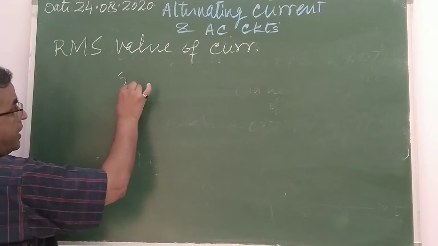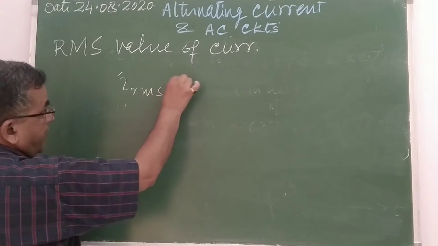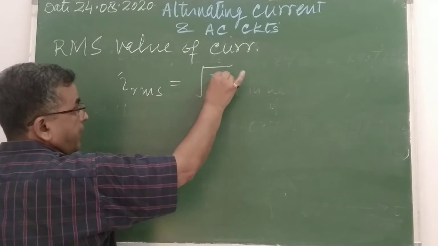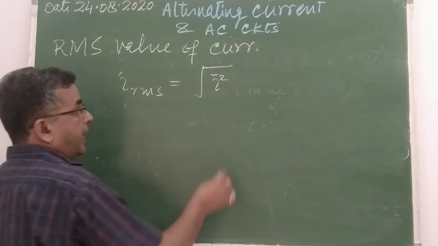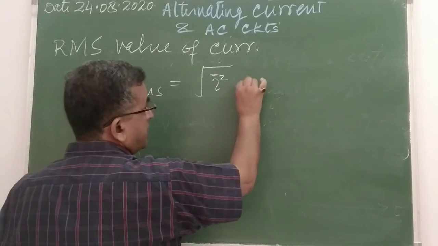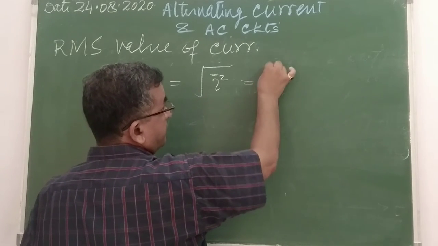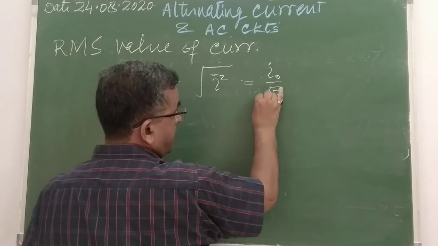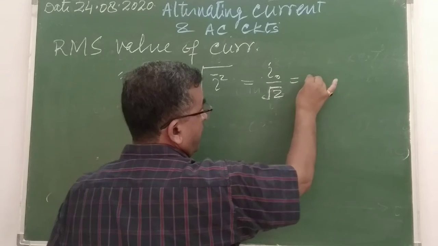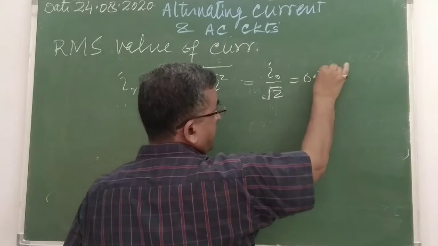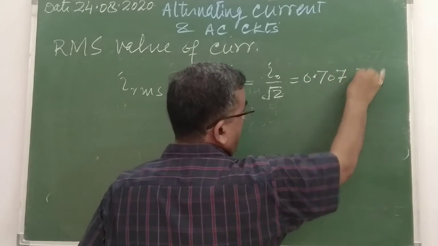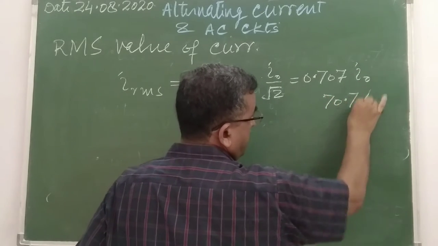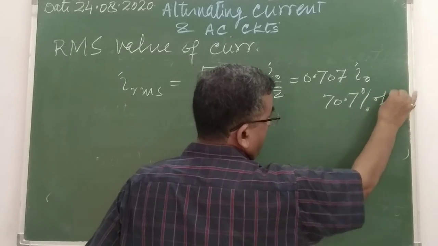I RMS, that is the square root of mean of square, has the value I naught upon root 2, or 0.707 I naught, or 70.7% of I naught.